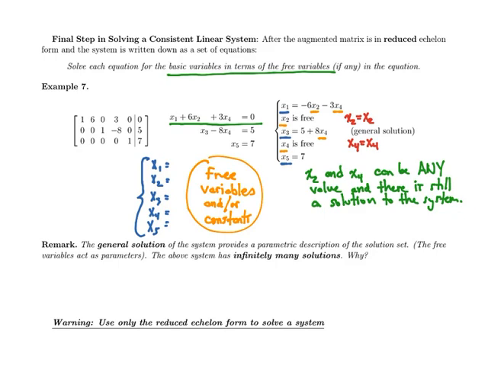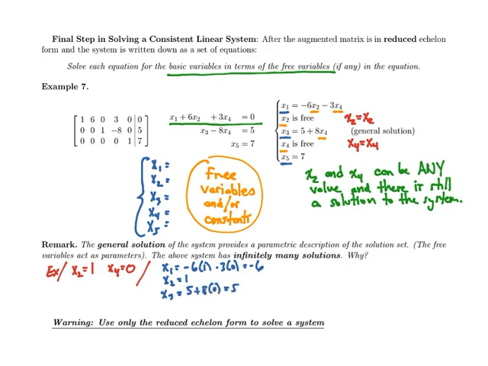So for example, let's say that x2 was 1 and x4 was 0. That's just two choices. Then in that case, x1 would be negative 6 times 1 minus 3 times 0, which is negative 6. x2 would be 1. x3 would be 5 plus 8 times 0.